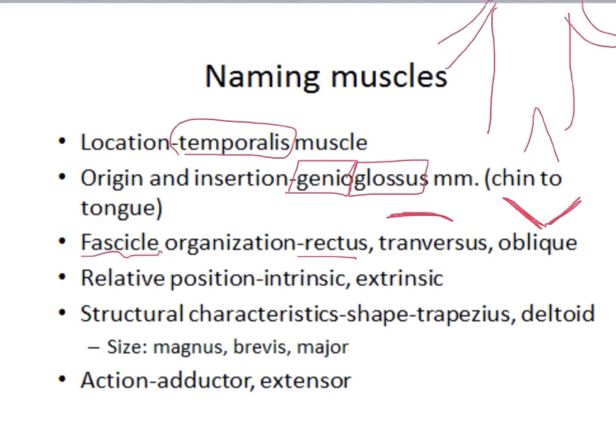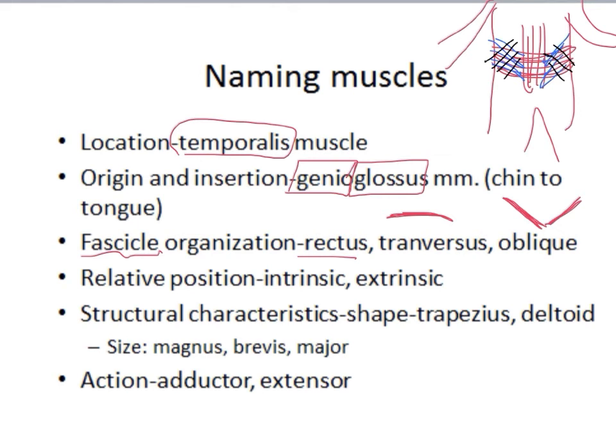Your abdominal muscles: the rectus abdominis will be going in that direction. Your transversus abdominis will be going in that direction. And then your obliques, your external and internal abdominal obliques, will be going in that direction. So you've got layers.